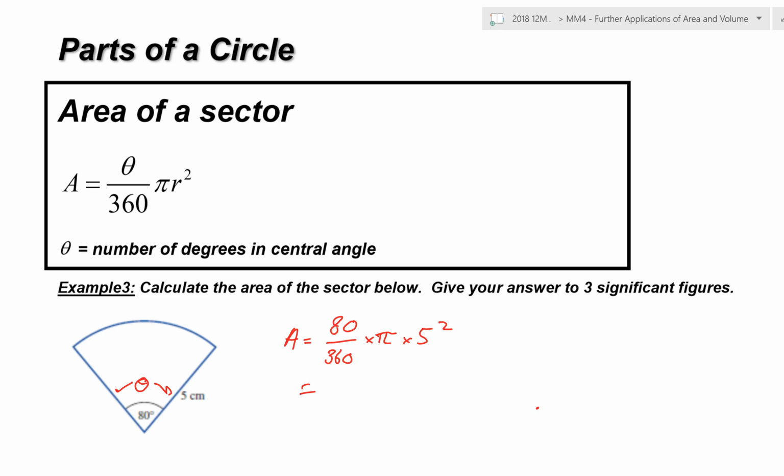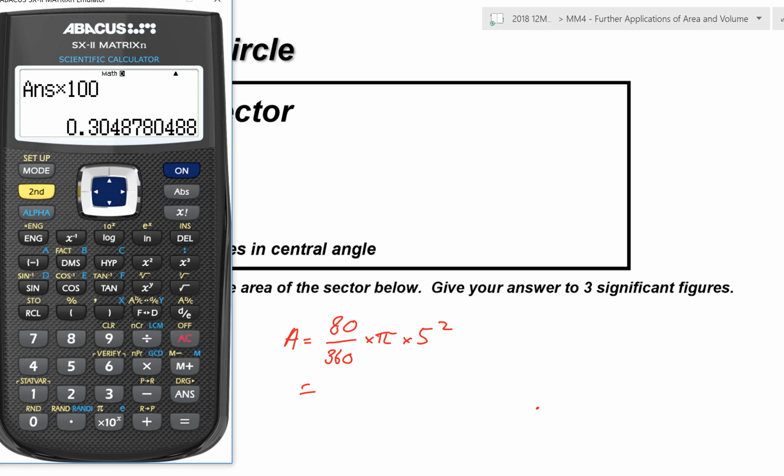Now, trusty calculator here. I'm not going to use fraction. I'm going to type 80 divided by 360 equals. There's that first bit, my fraction. Now I'm going to multiply that by pi, using the second function button on this calculator, equals.